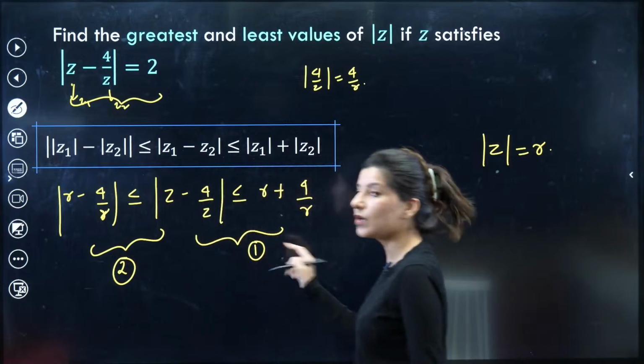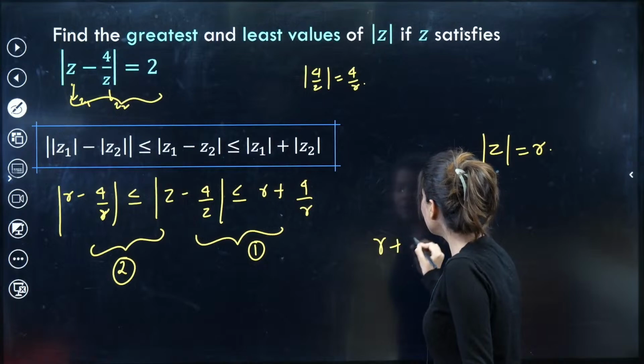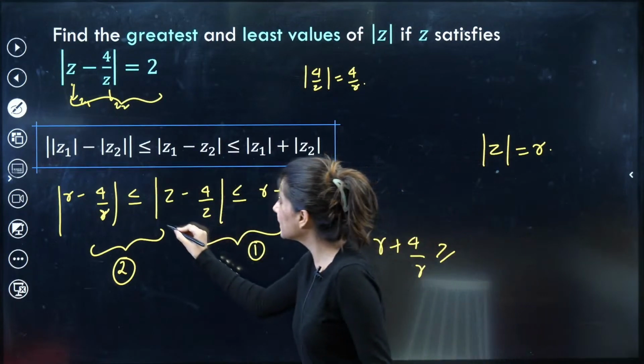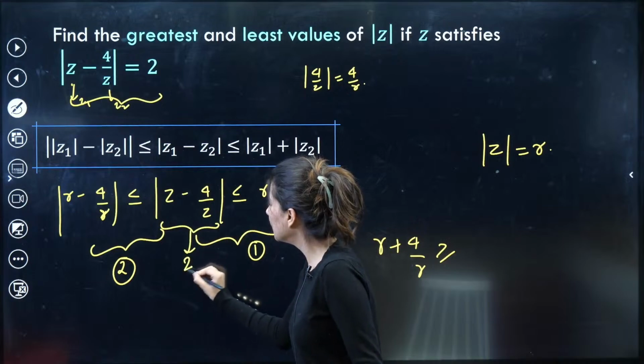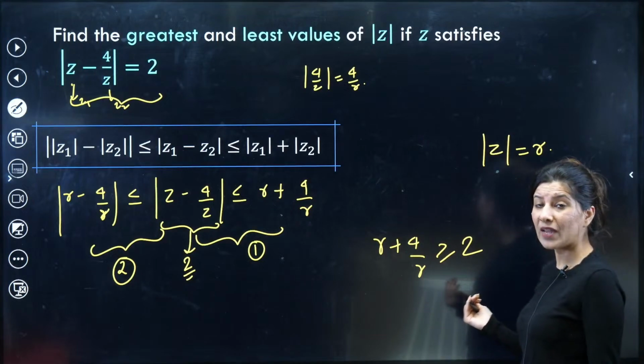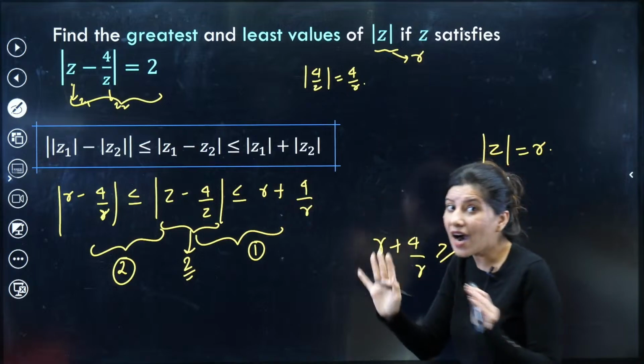Let us tackle number 1 inequality because it is not having any mod. So r plus 4 by r is greater than or equal to 2, as given in the question. Let us solve it, and we need to figure out mod z, that means we are looking for r only.